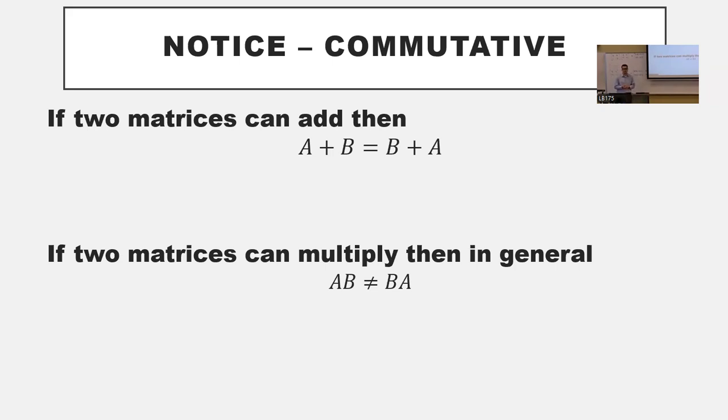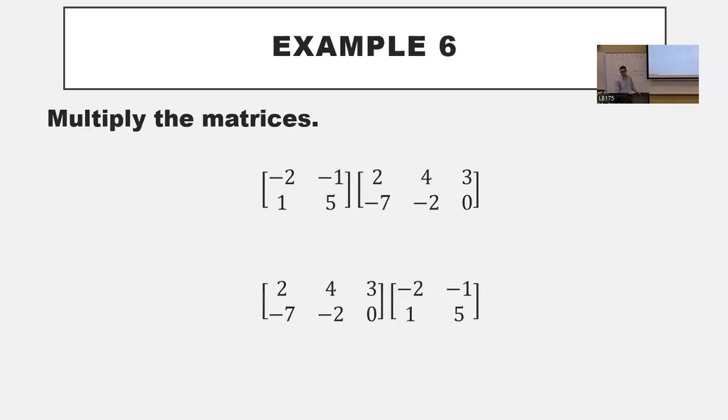There are special cases where it is, like when we have the matrix with all zeros. But in general, if I have A on the left times B on the right, that's not the same thing as B on the left times A on the right. So we have to be very careful when you multiply matrices that you do it in the right order.